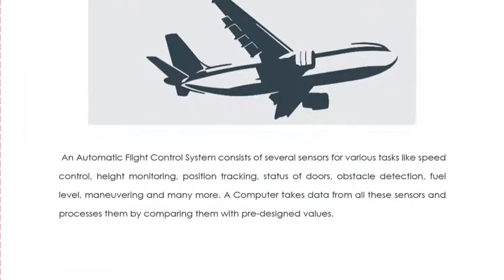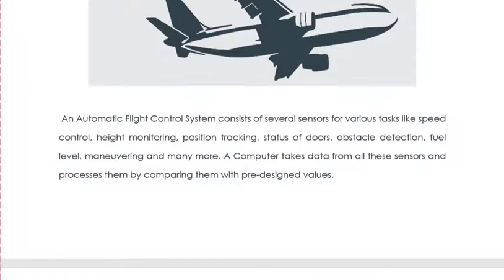So let's explain one by one. An automatic flight control system consists of several sensors for various tasks like speed control, height monitoring, position tracking, status of the door, obstacle detection, fuel level, maneuvering, and many more. That is what we have to consider in automatic flight control: the tasks that can be done when you use autopilot.